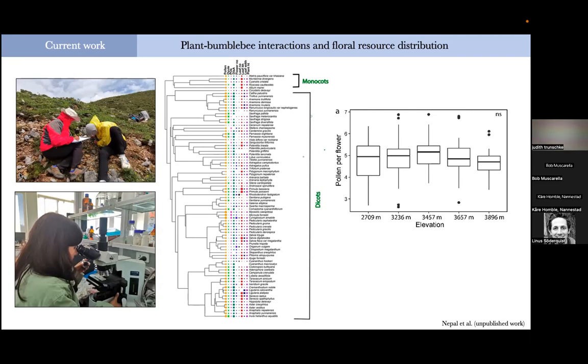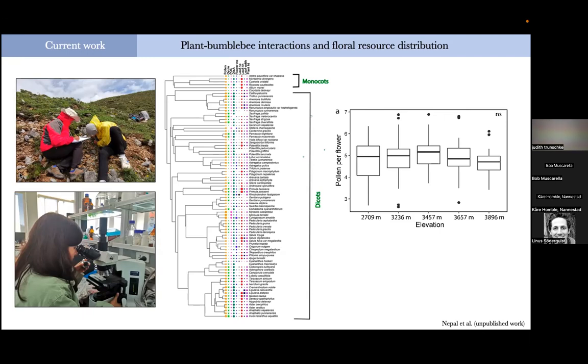And the general hypothesis or assumption in the literature is that pollen production would decrease as elevation increases because more plants would be selfing and not depend on pollinators. So they don't need as much pollen for reproduction. But as we also see many bumblebees at high elevation, we also don't see a decrease in pollen production.